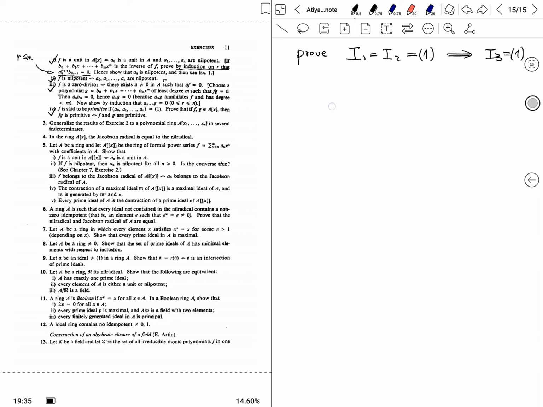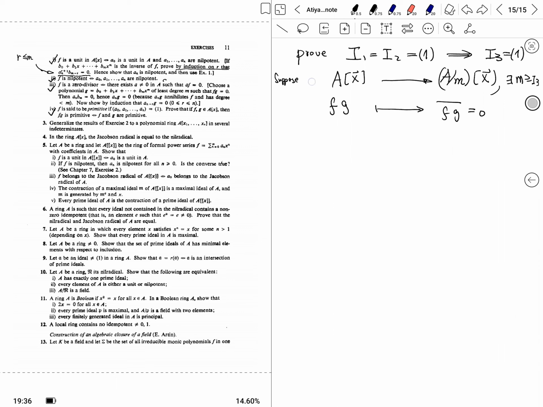Again, this follows from the fact fg is mapped to 0 if we quotient the coefficient ring by a maximal ideal that contains I_3. Which means suppose not, which means I_3 is not the identity, then there exists some M containing I_3, right?